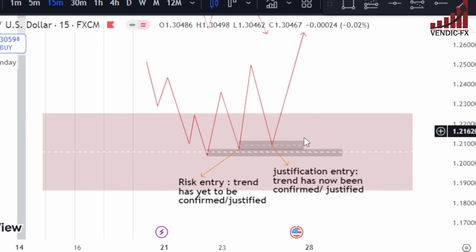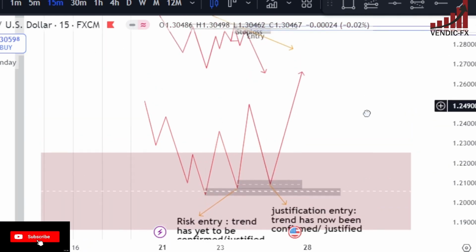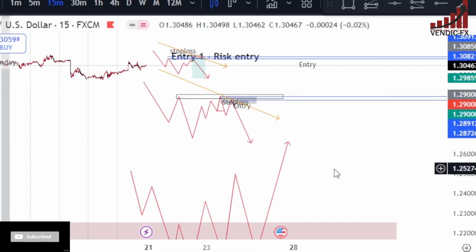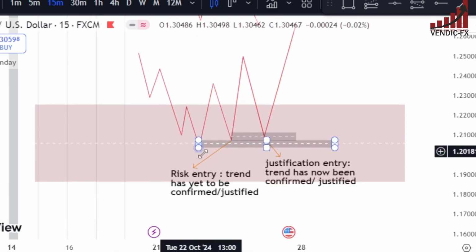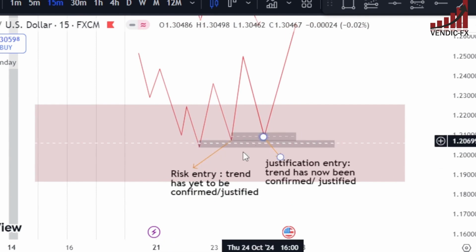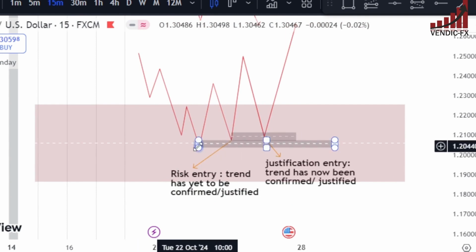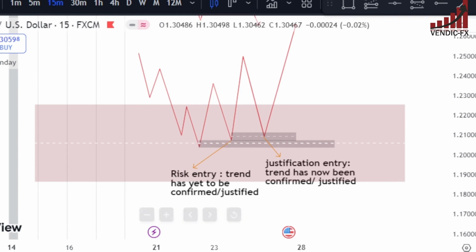So when the market gets to your order block, let's assume this order block here is it on a lower time frame. The market will come inside the order block. Normally if you enter from maybe 50% of the order block and start to buy, it's risky because you've not yet confirmed if the market is weak at that zone, if it is going to respect that entry.